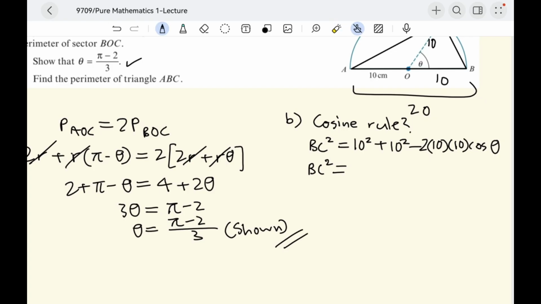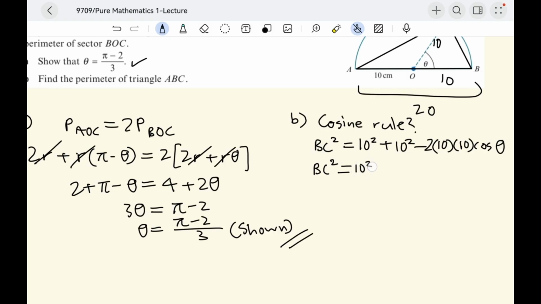So which is 10 squared plus 10 squared minus twice of 10, 10 cosine of pi minus 2 over 3.